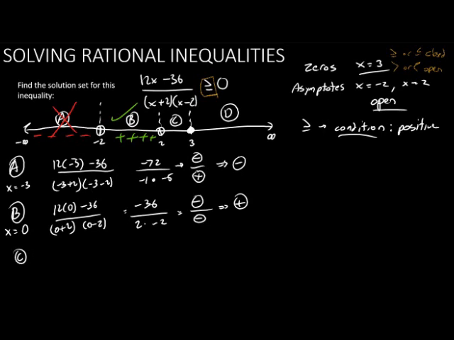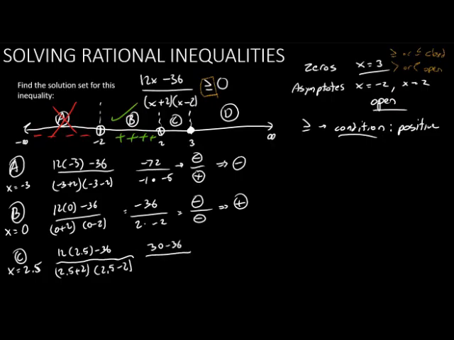Next, we'll move on to region C, and we'll pick an x in between 2 and 3. Let's try 2.5. We take 12 times 2.5, subtract 36, over 2.5 plus 2 times 2.5 minus 2. On top, 12 times 2.5 will give us 30, and we'll take 30 minus 36.